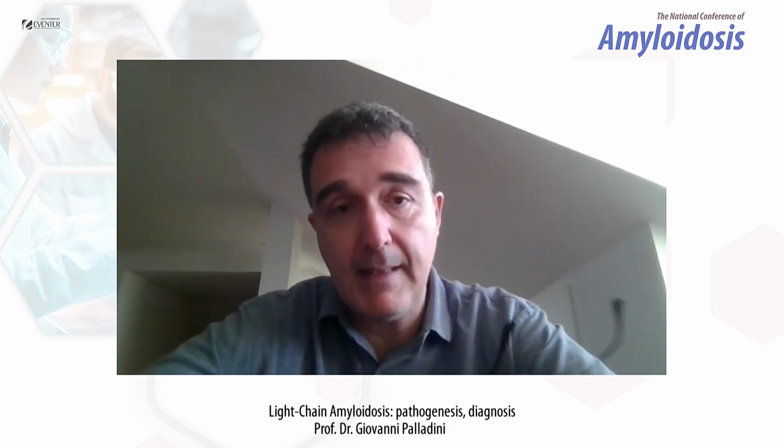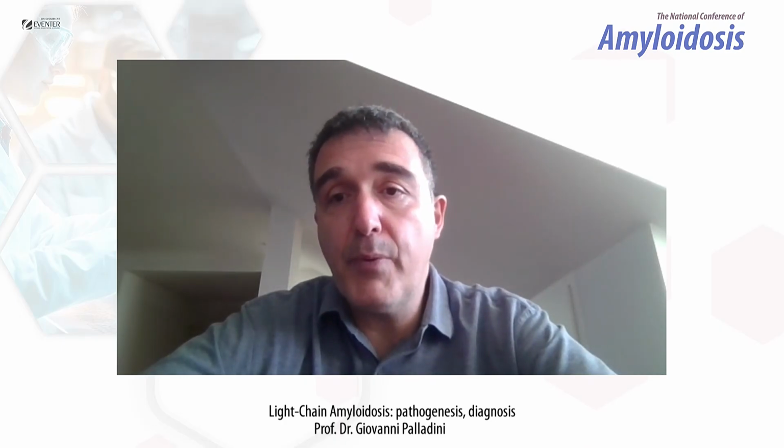I have been discussing a lot with Professor Naiki, both in the framework of the ISA and in our collaboration, and I think the availability of good antibodies to type amyloid is probably the way to grant access to a large group of centers diagnosing amyloidosis.